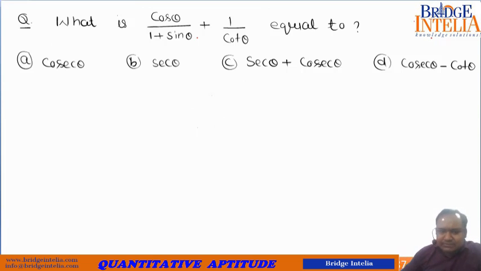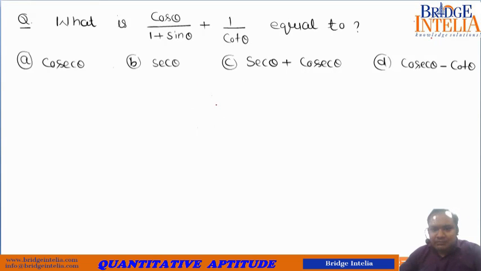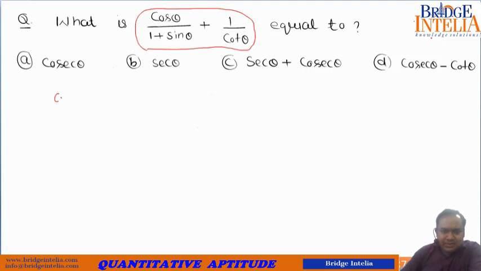So here is the first question before us. Okay, so now let us see cos theta. So let's break down this expression in terms of cos and sine. Let's see how it comes out to be.